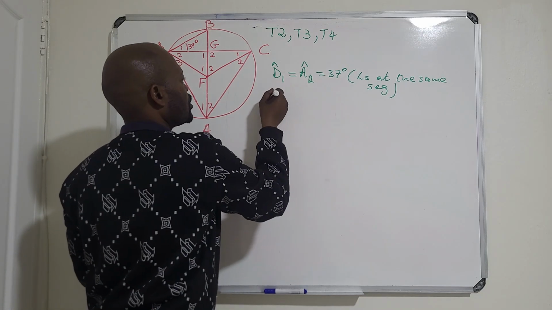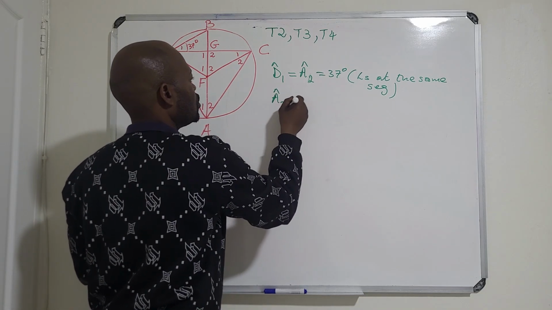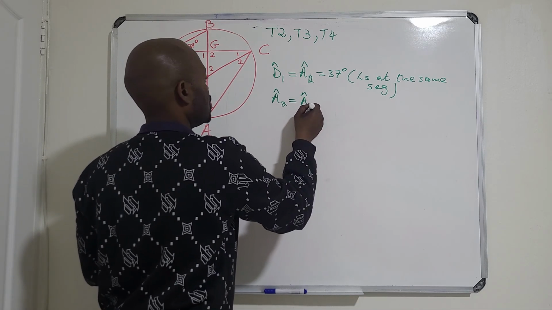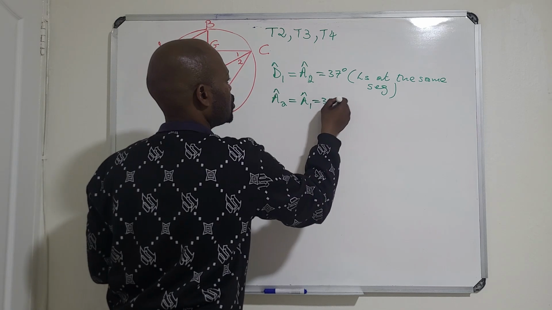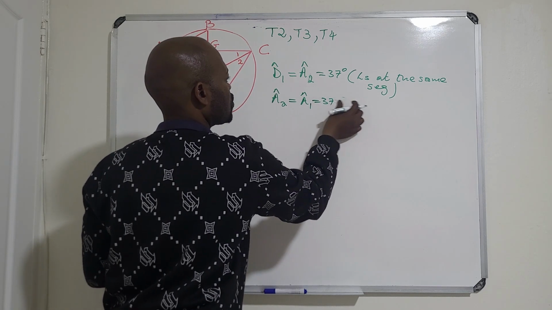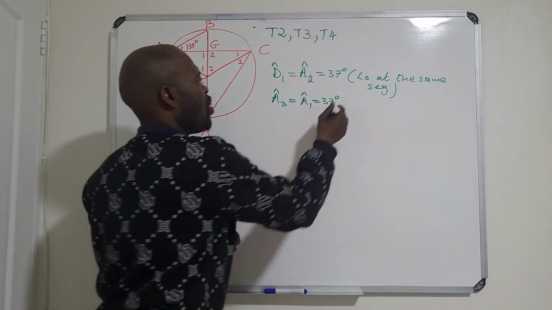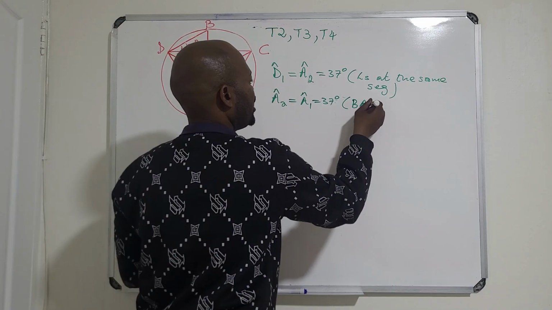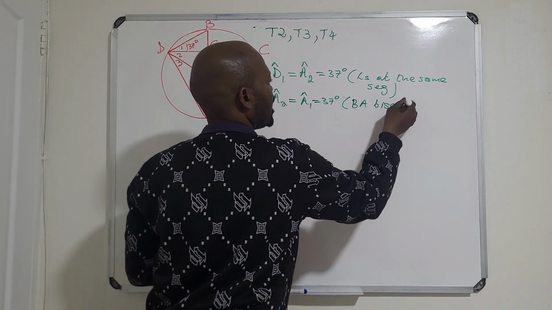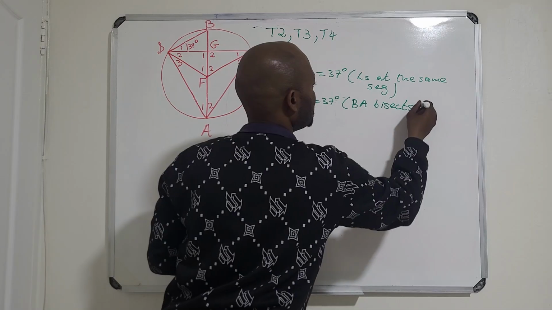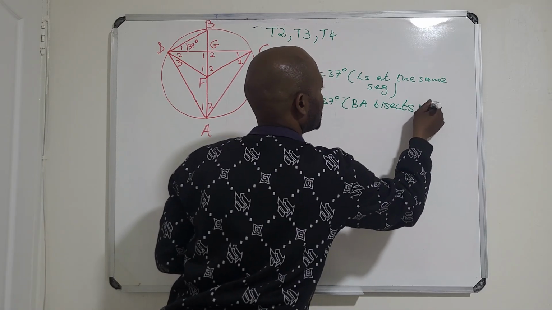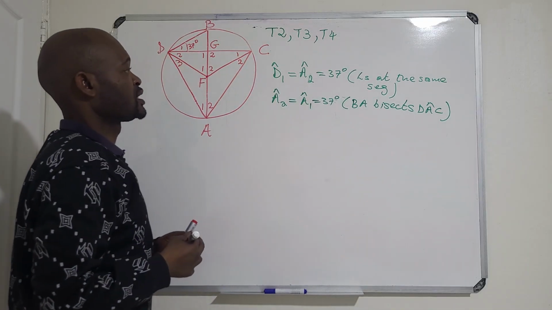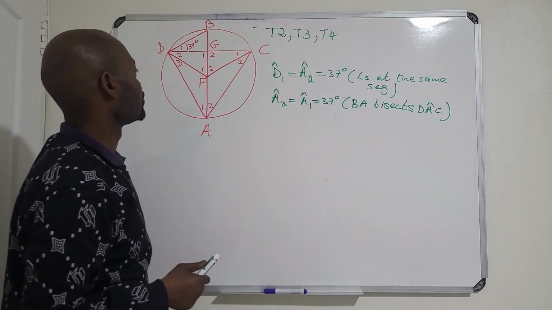Therefore, angle A2 is equal to angle A1, which is equal to 37 degrees. Why are we saying that? It is because BA bisects angle DAC. That's what we were told.